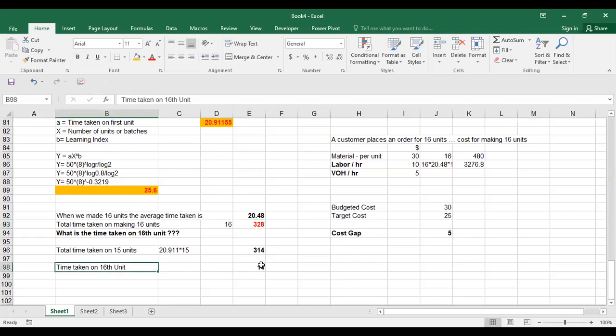I know that the 16th unit is $14. Average is 20. Why is the average more? Because within this 20, 50 hours, 40 hours, 32 hours, all hours are included. Therefore, average is more. The last unit should be at the minimum time. The minimum time is spent on the last unit because that's the height of your learning.